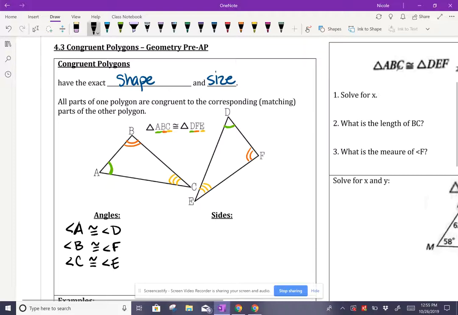Now when it comes to the sides, you follow similarly, but think about the two letters that are connecting it. So if I'm talking about AB, AB is going to match up at the same order. So AB are the first two letters. So the first two letters of our second triangle are DF. So AB is congruent to DF.